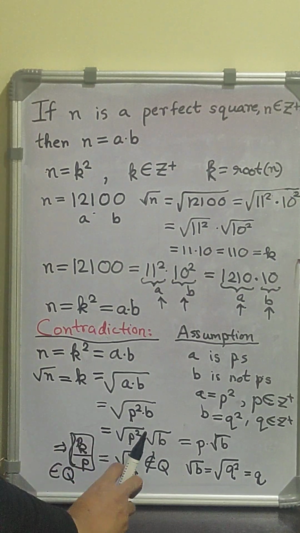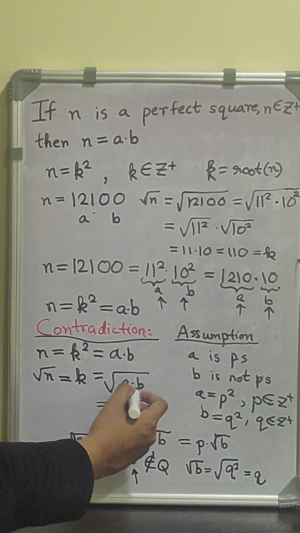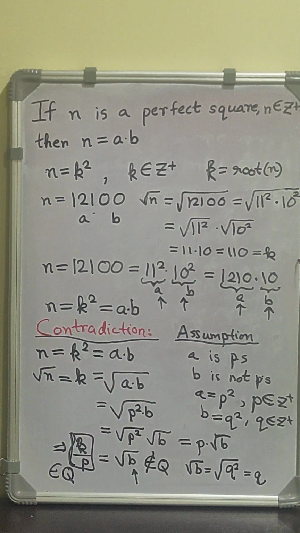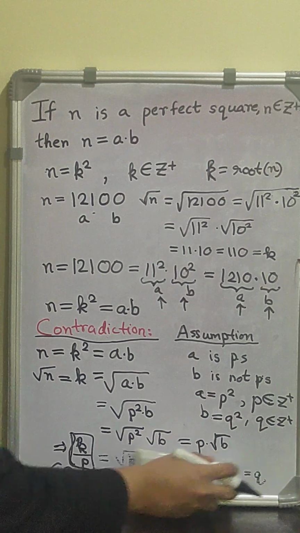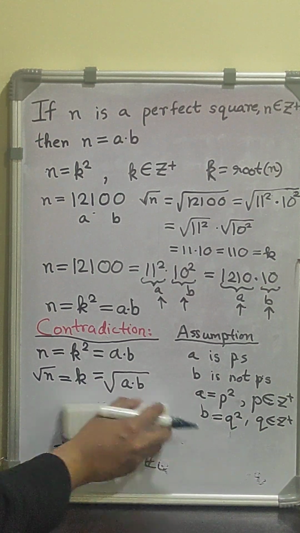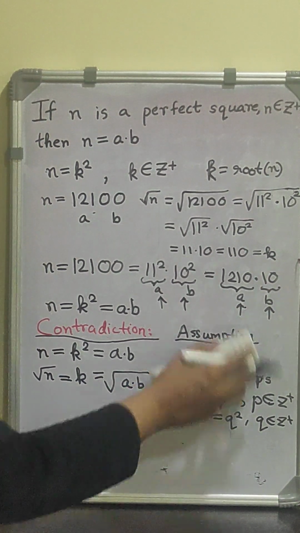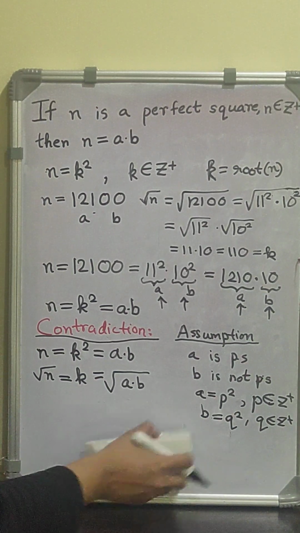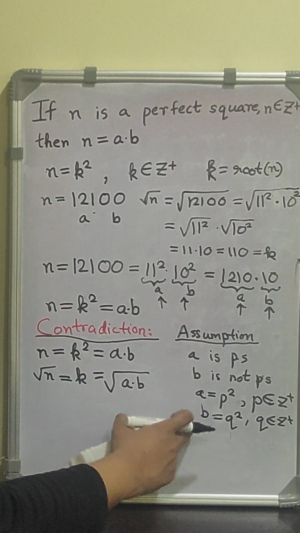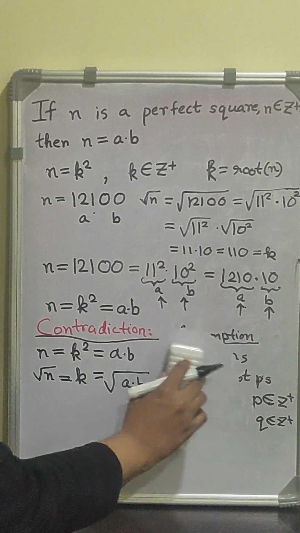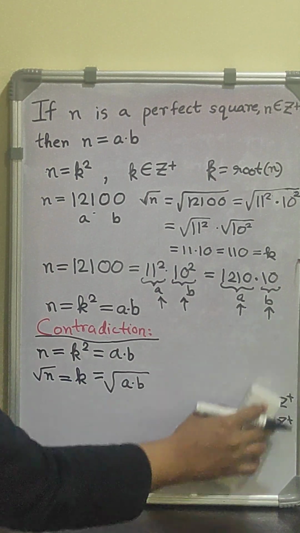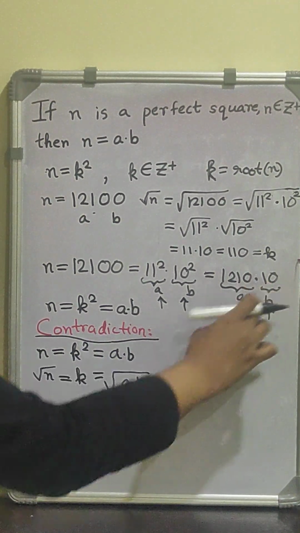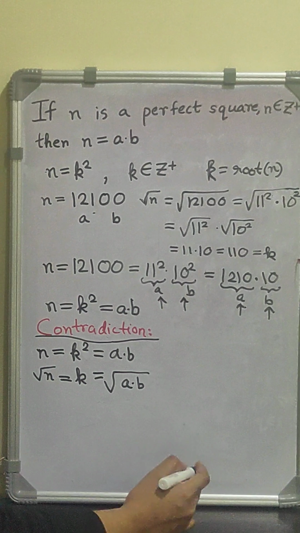So what if A and B, both of them were not perfect squares? Now in this case, they were perfect squares from the assumption. That assumption was for just one of them that I contradicted, and proved that the other one has to be a perfect square too. But what if I had something where both a and b are not perfect squares?